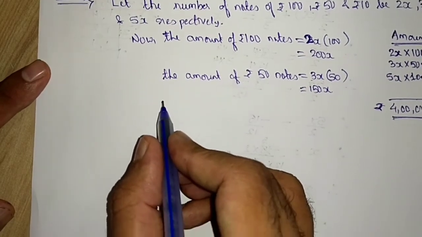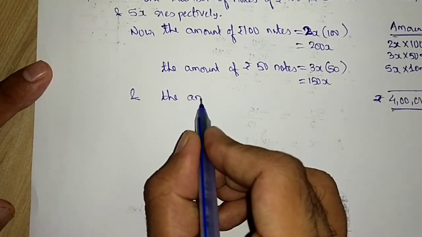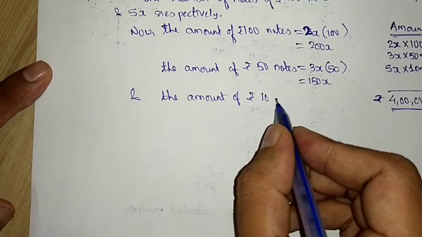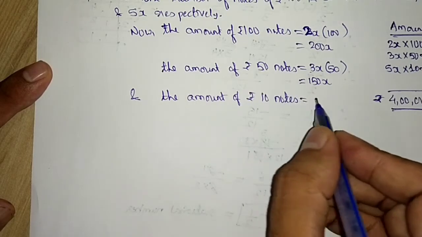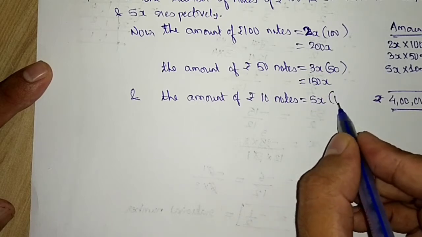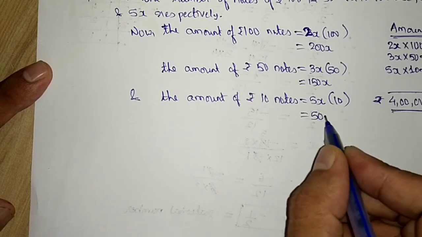And the amount of rupees 10 notes is 5x notes, and the value of one note is 10, so 5x will become 50x.